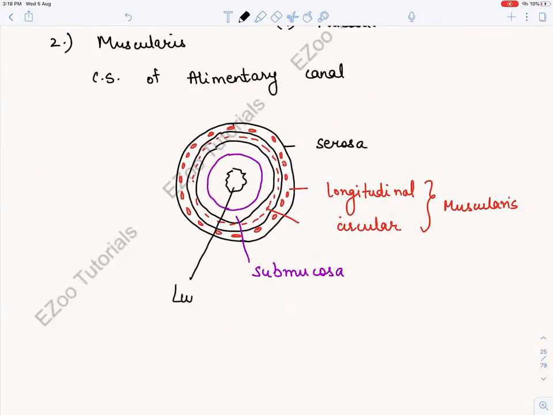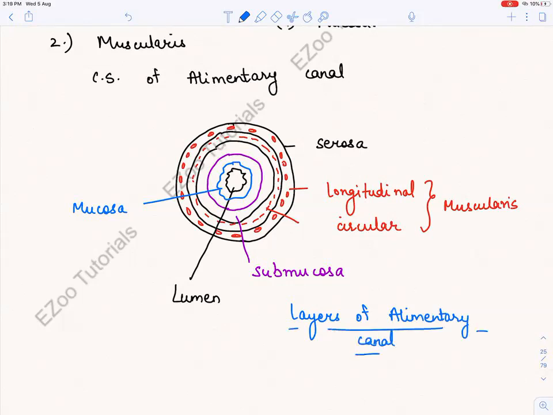If this is serosa, muscularis, submucosa, and mucosa, then this becomes the mucosa layer. Understood? Serosa, muscularis, submucosa, mucosa, and then there is this lumen. These are the layers of alimentary canal. You draw it in your notebook, in whatever you are taking notes.